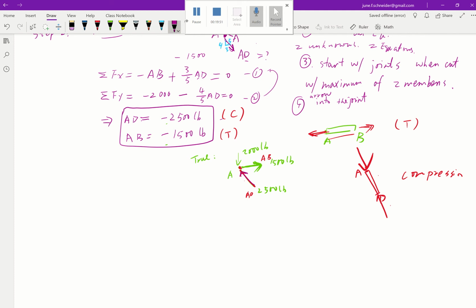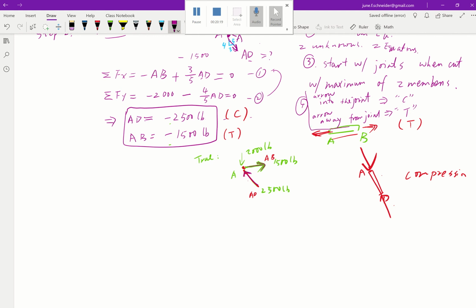Then that's going to be a compression. If the true direction of the arrow is away from the joint, then that's going to be tension. This applies every single time. So go ahead, do that. Once we know the correct direction, just using this rule, it's very easy to figure out if it's a compression or tension.